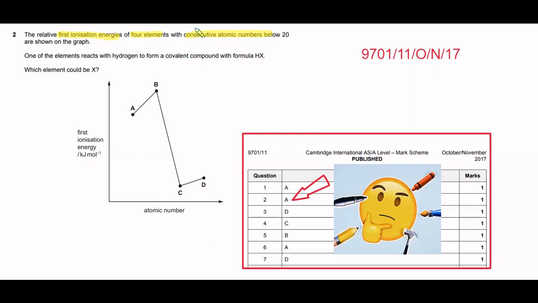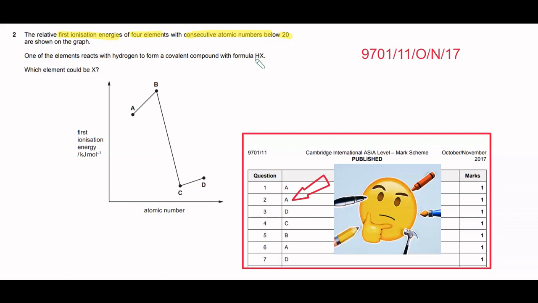Four nearby elements have been represented in the graph below. Another point, the atomic numbers are the unknown element A, B, C, D. The unknown element from A, B, C, D is one which is below atomic number 20, meaning it could be any element between hydrogen and calcium.